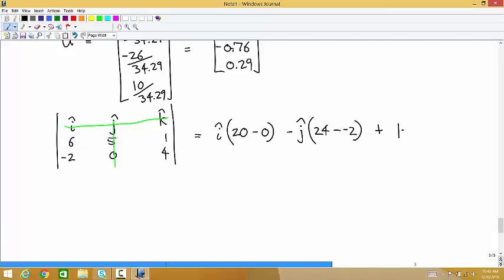And then plus k times 6 times 0 minus negative 10. And so that's 20, negative 26, positive 10.